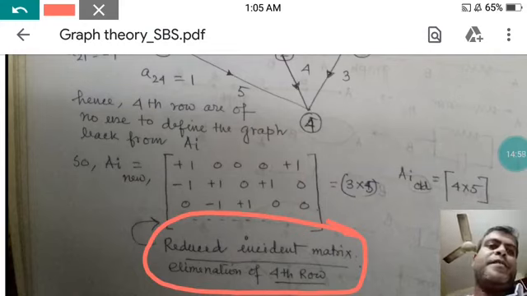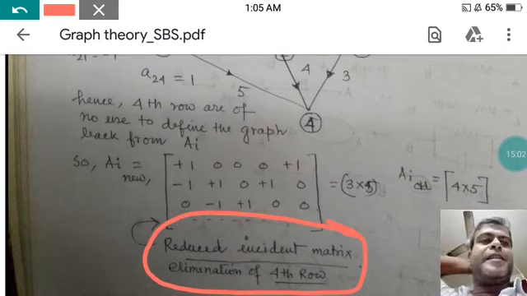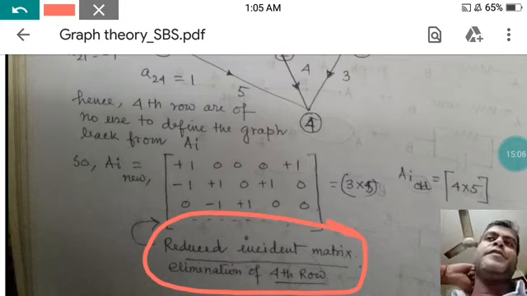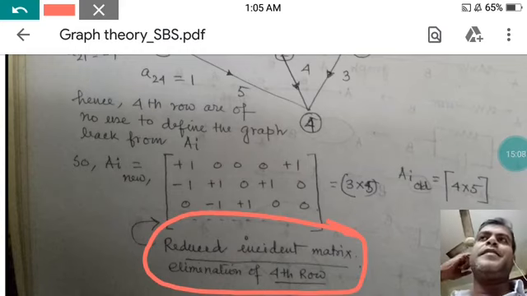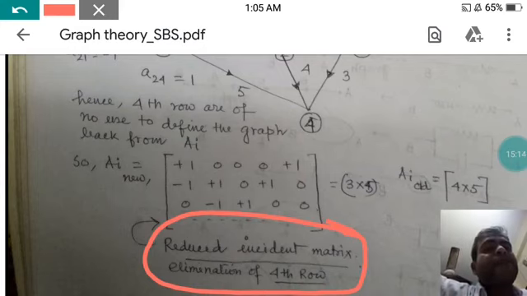But if it is seen, for this type of example, that if you omit the last row, the sense of the entire circuit will never change, then obviously it is used to reduce the size. One reduced incidence matrix can be given. Now what is the need of getting this reduced incidence matrix? The only reason is to reduce the bulkiness of the entire mathematical process.